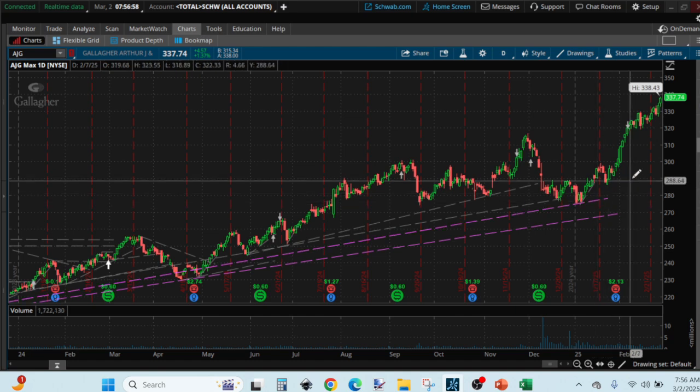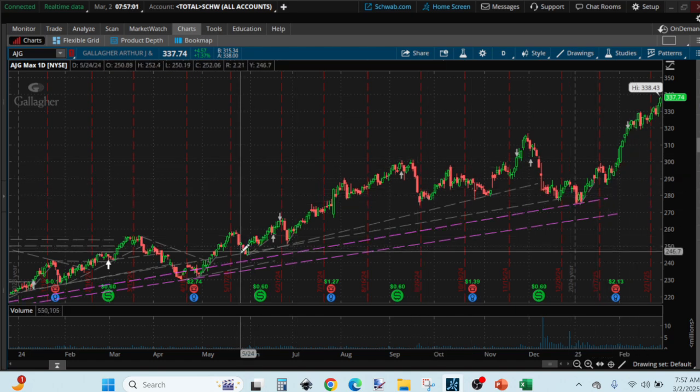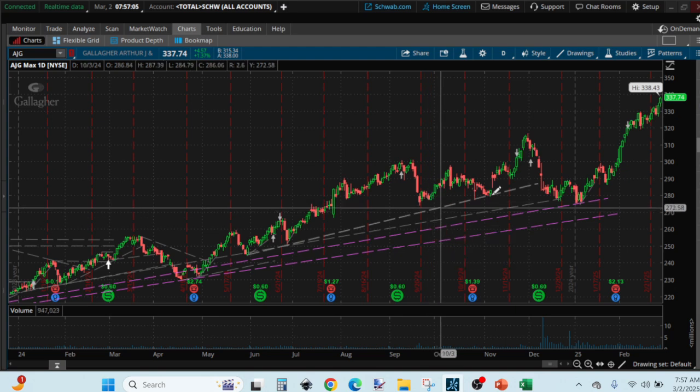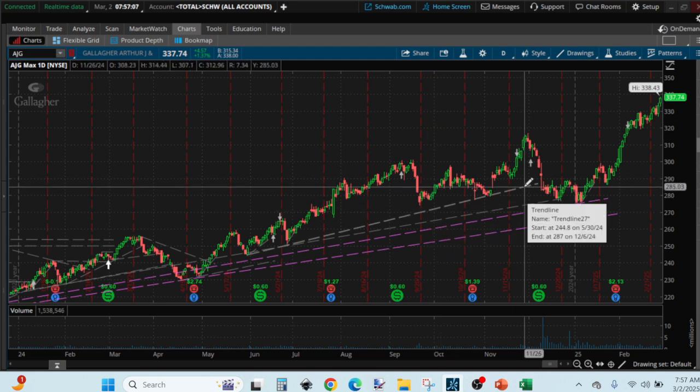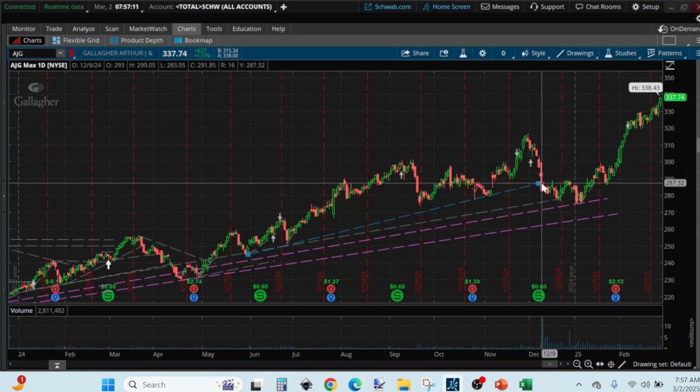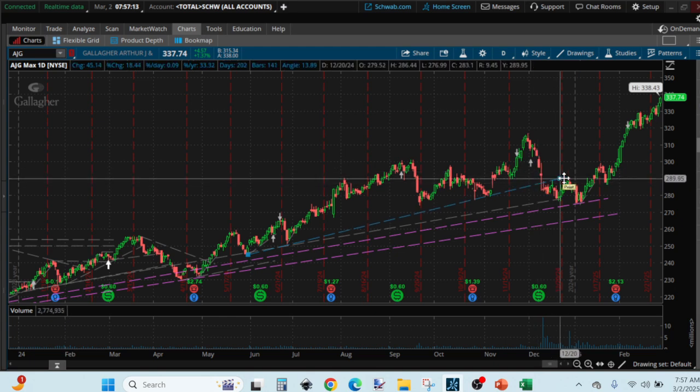Maybe when it pulls back, because it tends to pull back, and this is a line it pulled back to at some point, so we don't know if it's going to try to pull back to that line. Maybe if it pulls back to that line, we will buy it again.